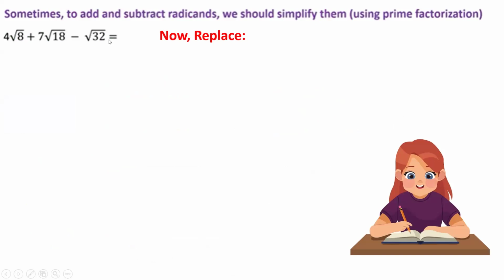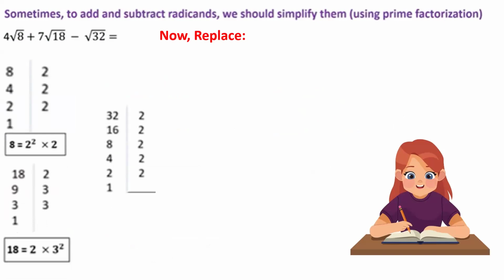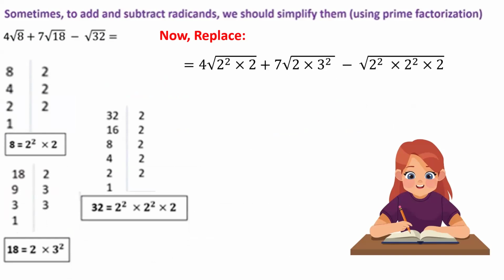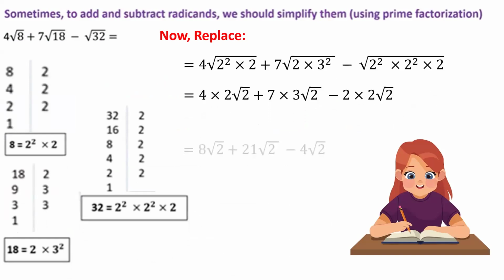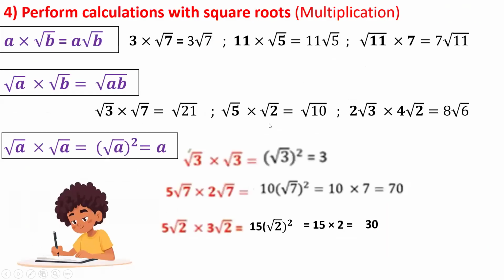Are they similar? No, but we can simplify the radicands inside. So to simplify 8, I make the prime factorization of 8, I make the prime factorization of 18, then I do the prime factorization of 32. Now I replace the prime factors inside the radicals, then I simplify each radical until they become like radicals, then I can add or subtract these radicals. How can we do the multiplication?